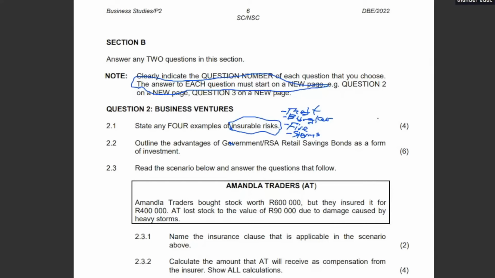Interest can be received twice a year. That's the advantage. Another one, interest is usually higher than on fixed deposits. And another one, interest rates are market related and attract more investors.